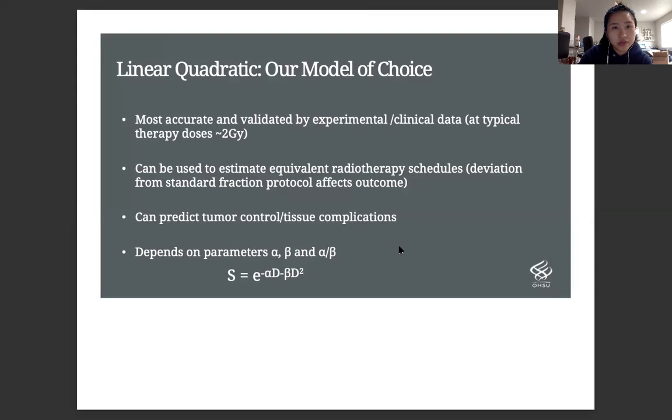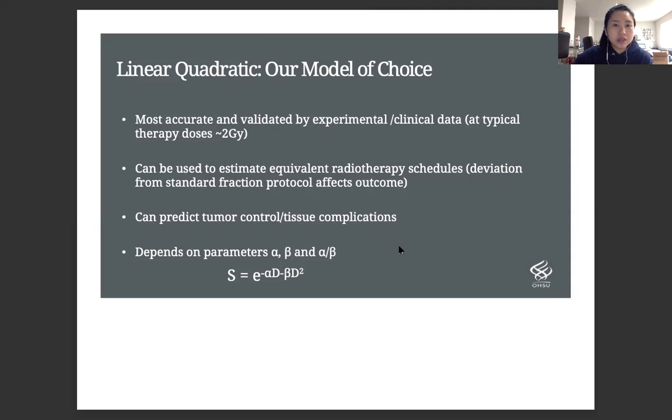Next one is the linear quadratic model of choice. This is one of the really very important figures, the model for radiobiology. We keep talking about it again and again, so we have to make sure that we get a good understanding of these models. It is the most accurate and validated by experimental clinical data. Typical therapy doses are around 2 gray, as I tell you, that we try to give patients, standardly not over 2 gray per fraction.